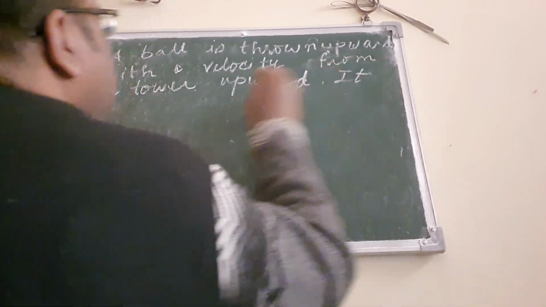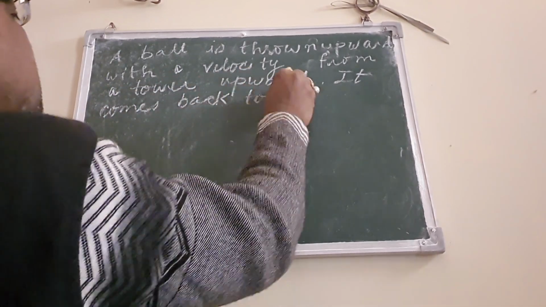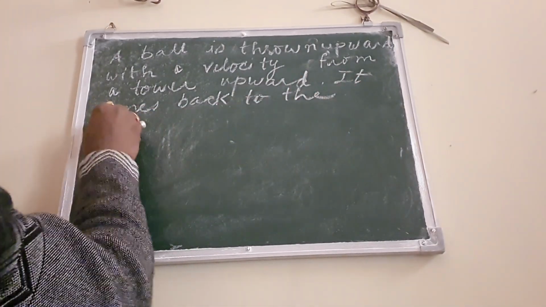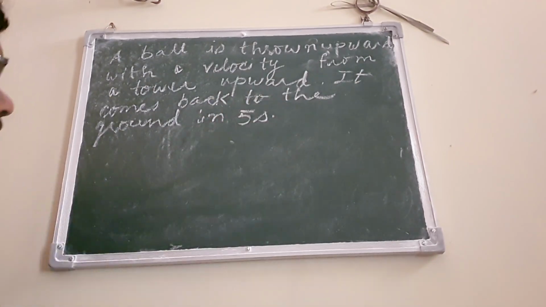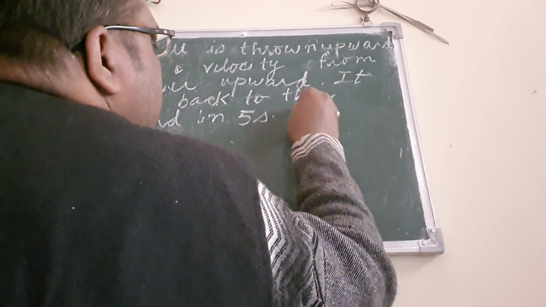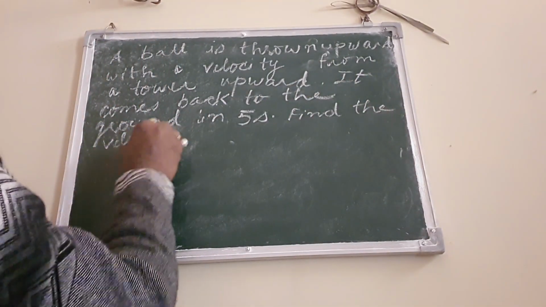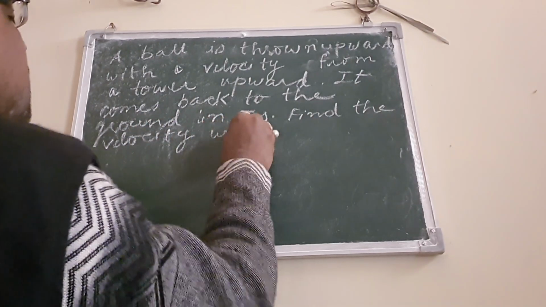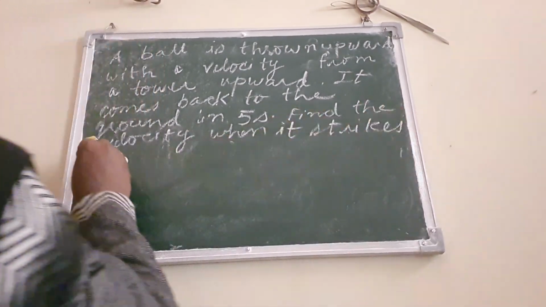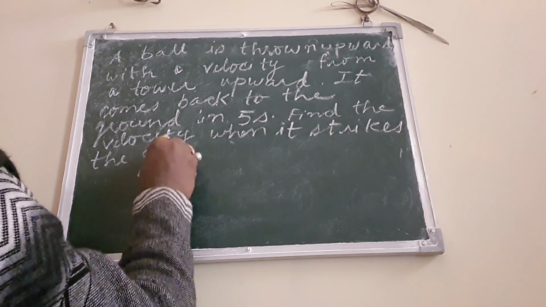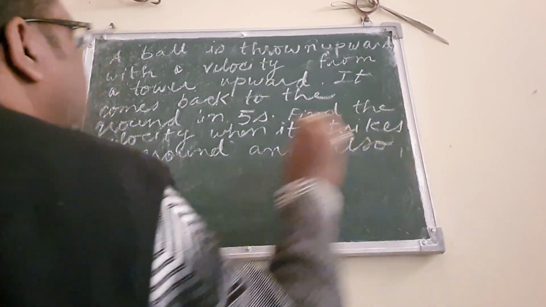It comes back to the ground in 5 seconds. Find the velocity when it strikes the ground and also the height of the tower.